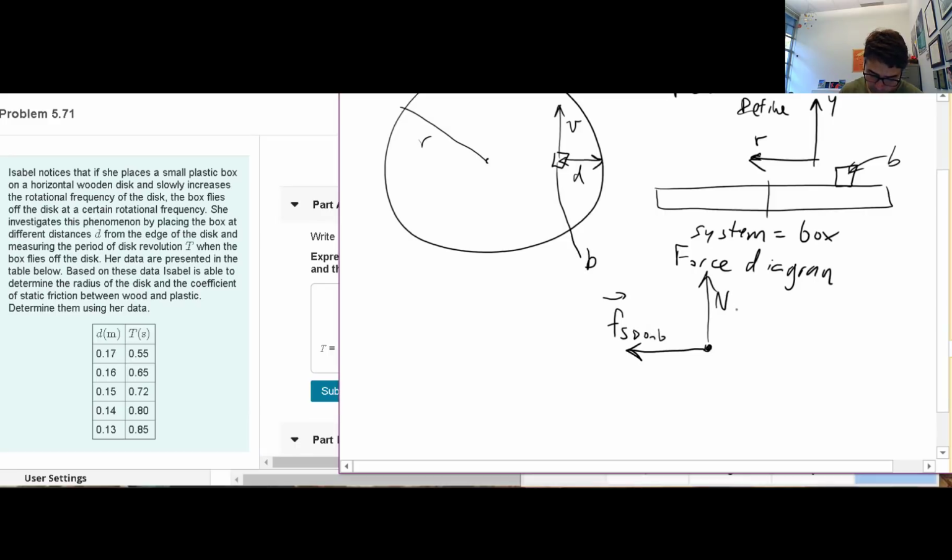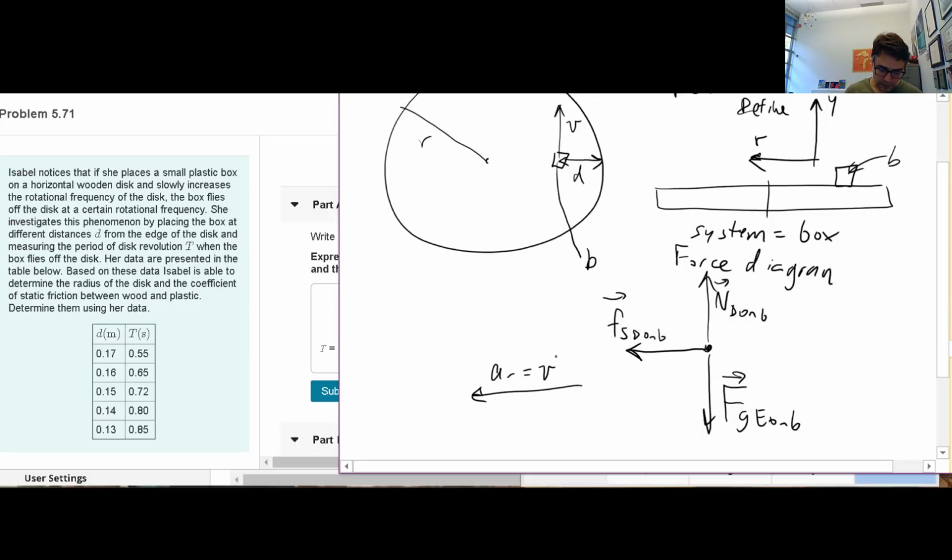You've got the normal force of the disc on the box, and you've got the gravity force, the force of gravity of the Earth on the box. And I think those are the only forces, and the whole thing is accelerating.